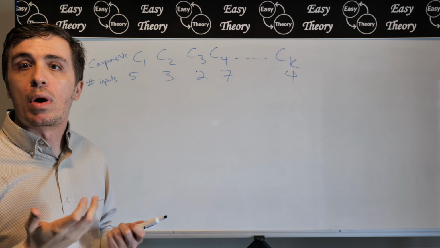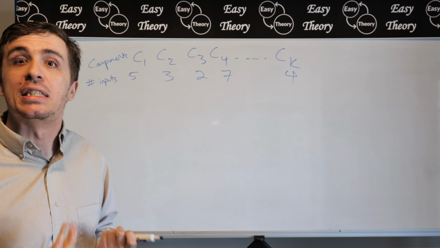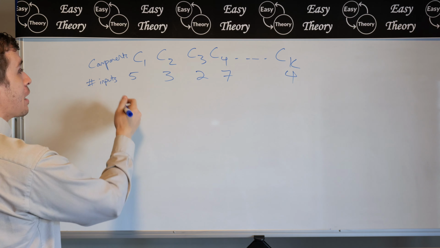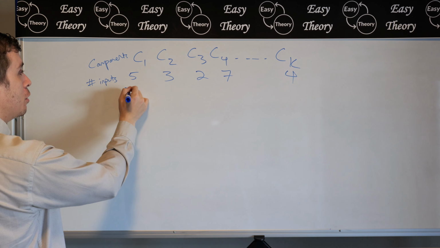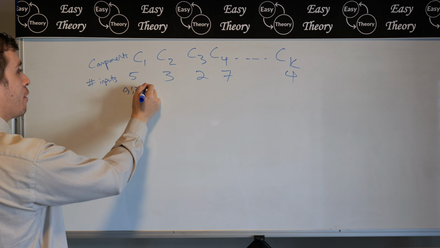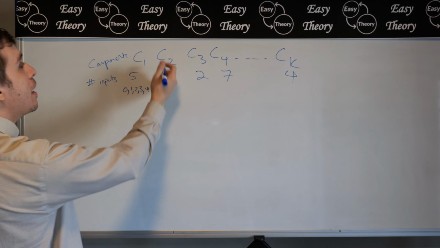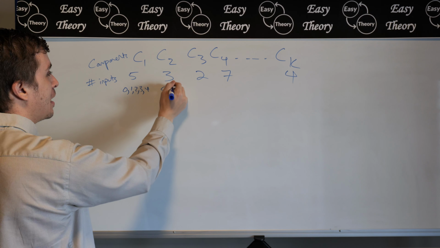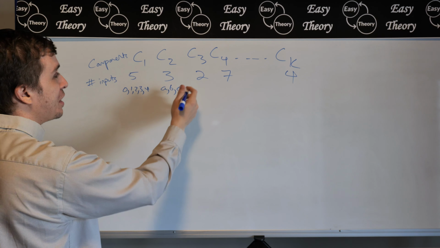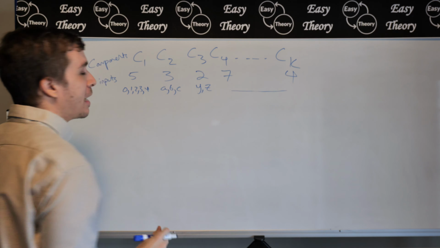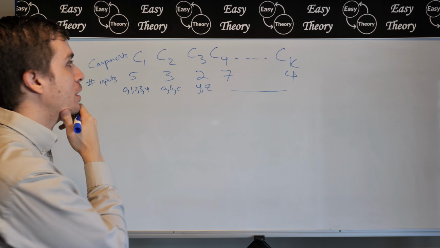What we want to do is make sure that this piece of software does the correct thing. So let's say that the values for C1 are 0, 1, 2, 3, and 4. Those are the inputs associated with C1. For C2, let's say A, B, and C. C3, maybe those are Y and Z. And of course we can carry on the same thing with the other components.